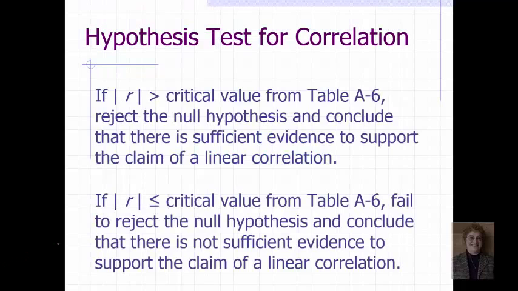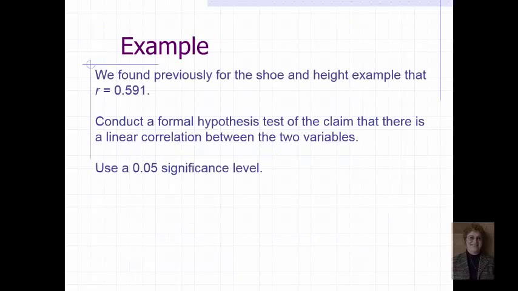So again, if the absolute value of r is greater than the critical value, we can reject H0. If r is less than or equal to our critical value, then we fail to reject. But we're going to look at p-values, so let's take our shoe example, our footprint example, and remember that our r is 0.591. Let's go ahead and conduct a test at 0.05.